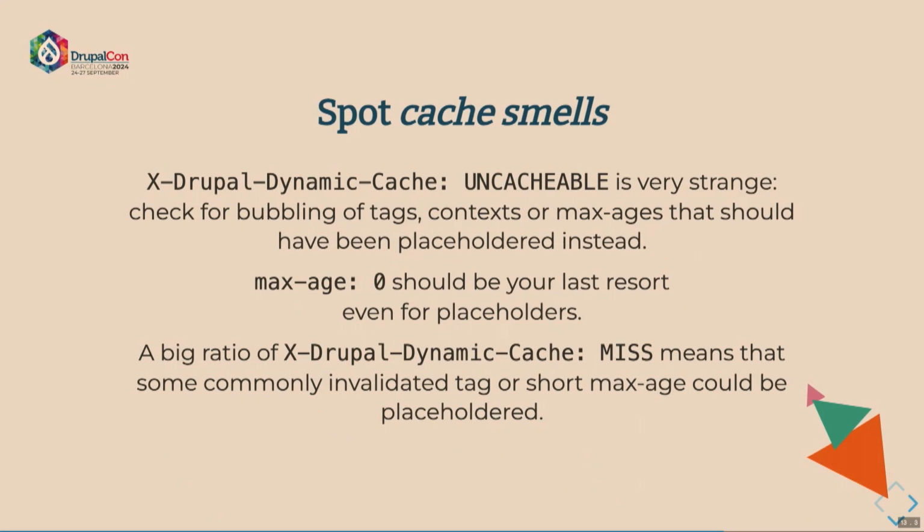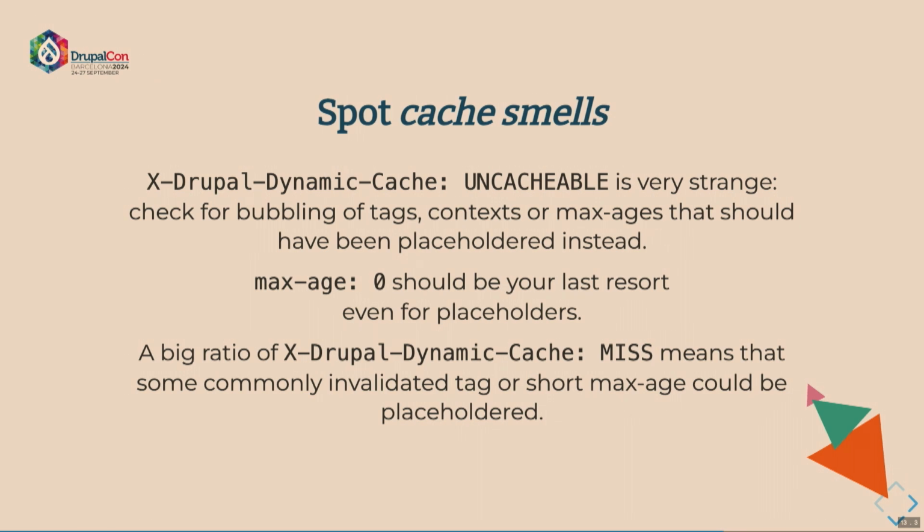You can also spot for cache smells. We have talked about one before. Drupal dynamic cache uncacheable should be really strange, because as we said before, if all of your highly dynamic content has been already converted to placeholders, you shouldn't be seeing this header. So if you see this header, something has happened, okay?